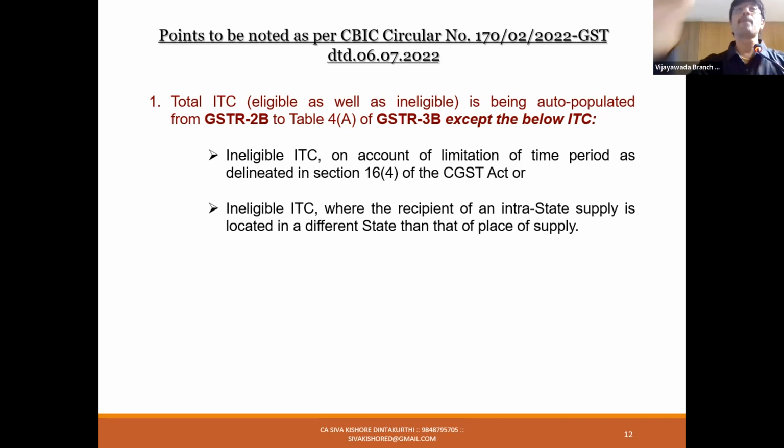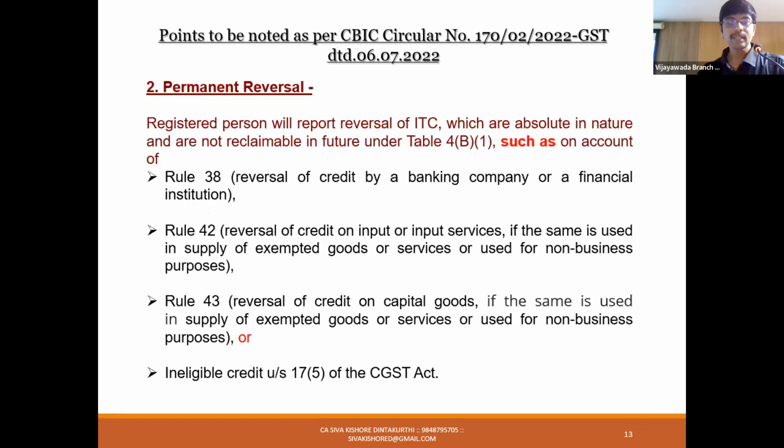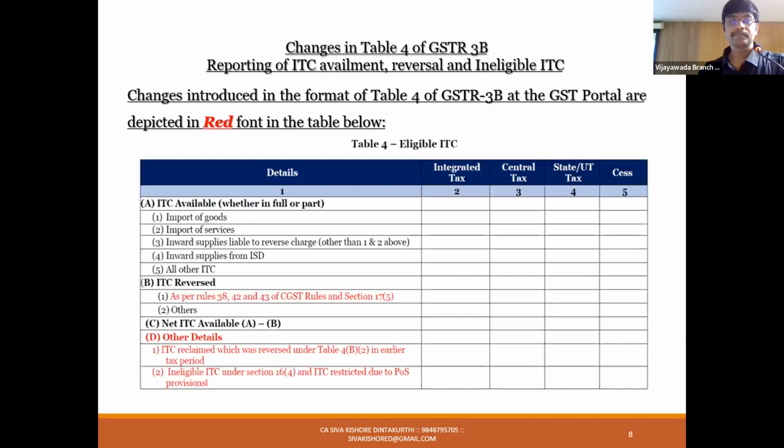And in order to provide support to the two invoices, since they are not reflecting in this month's 2B, they have already been reflected in the last month's 2B, you show the disclosure, give a proper disclosure of that GST amount which you are now availing, for which the 2B was already reflecting in the last month, as part of 4D1. 4D1 is nothing but ITC reclaimed which was reversed under table 4B2 in earlier tax period.